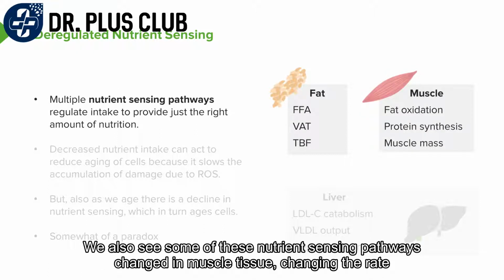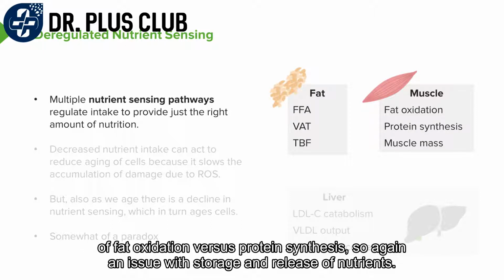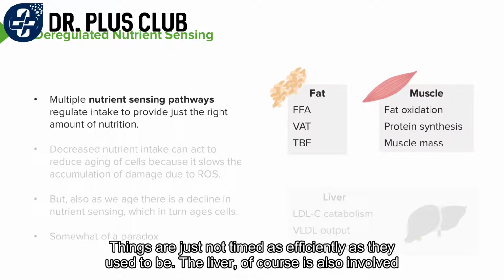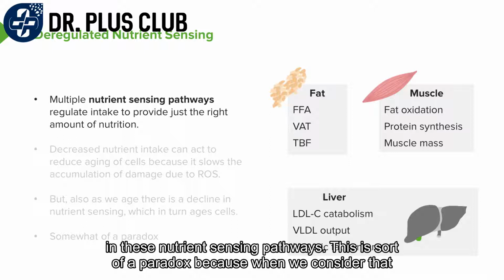We also see some of these nutrient sensing pathways changed in muscle tissue, changing the rate of fat oxidation versus protein synthesis. So again, an issue with storage and release of nutrients. Things are just not timed as efficiently as they used to be. The liver, of course, is also involved in these nutrient sensing pathways.